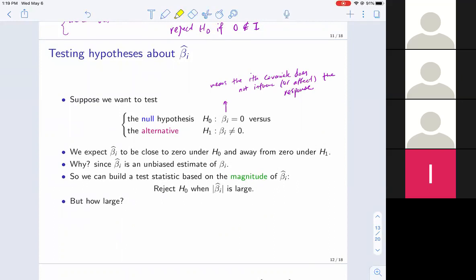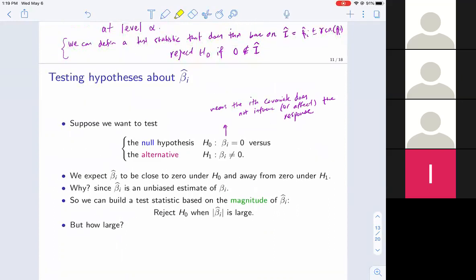Okay, so how do we do this? We have an estimate beta hat I, and if beta hat I is close to 0, then our guess is that probably beta I would be maybe 0. And so we do not reject. And if beta hat I is far from 0, then we're under the alternative, so we reject.